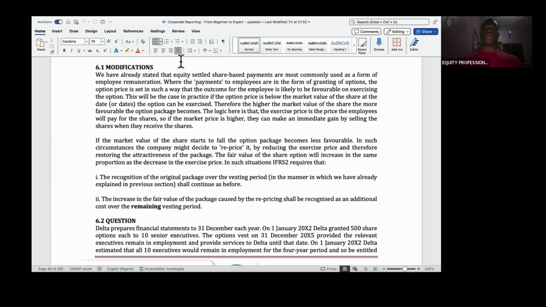Furthermore, when you want to recognize cash settled in your books, we will usually debit staff costs and credit liability.